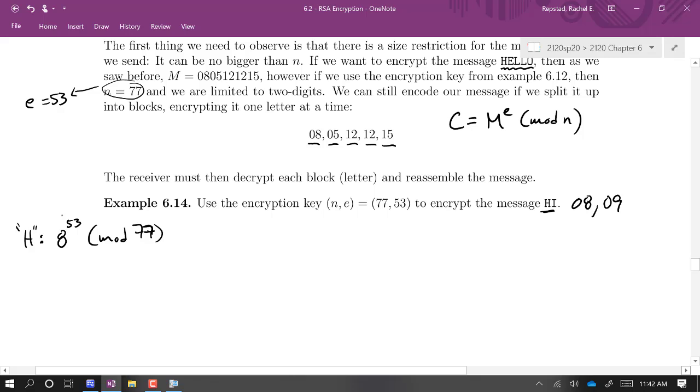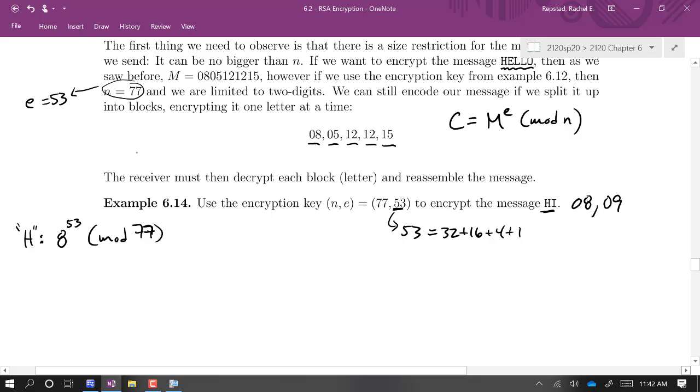So we'll just note that 53, we want to write our power as a sum of powers of 2, right? So just note that 53 is 32 plus 16 plus 4 plus 1.